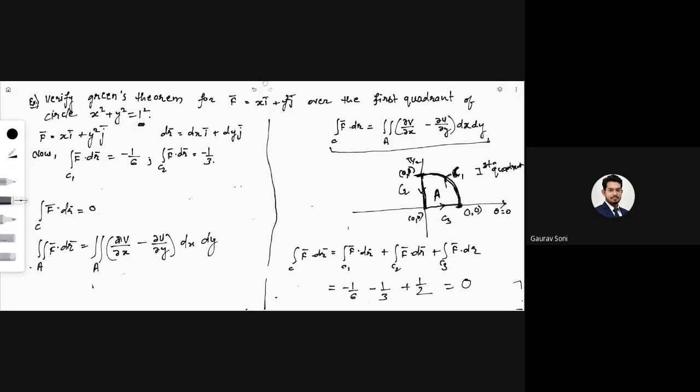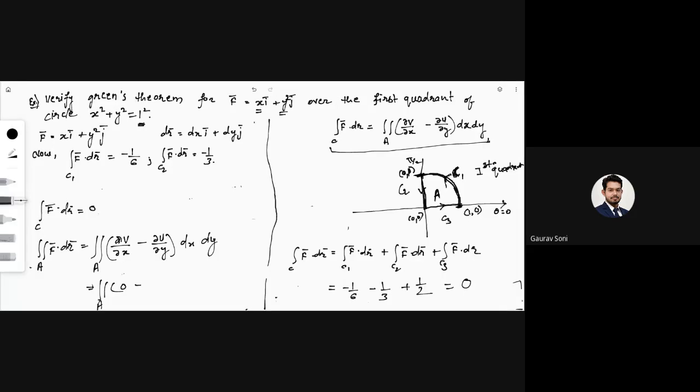So what is v with respect to x? v is the coefficient of j, which is y square. The derivative of y square with respect to x? Anyone? 0. Minus partial derivative of u with respect to y. What is u? u is the coefficient of i, which is x.